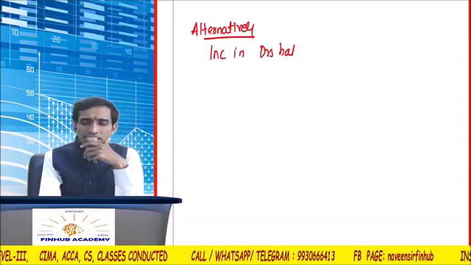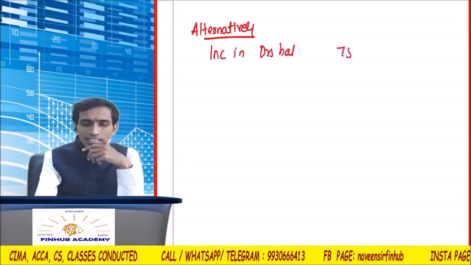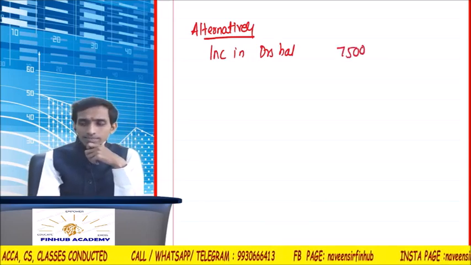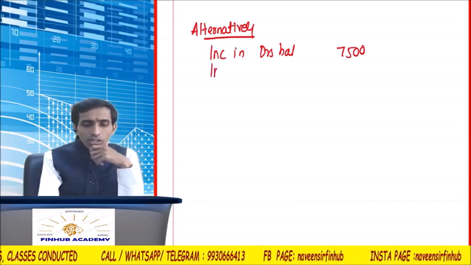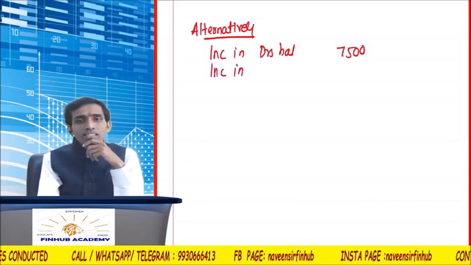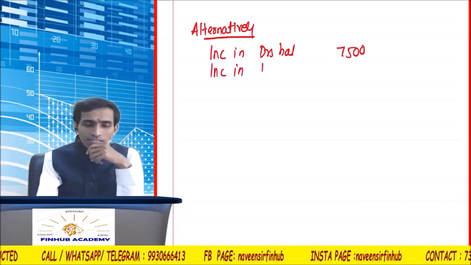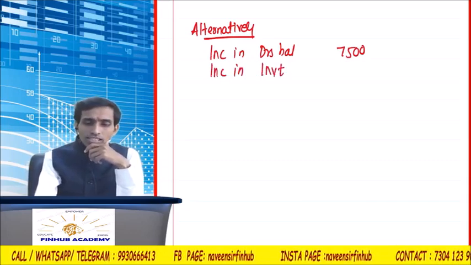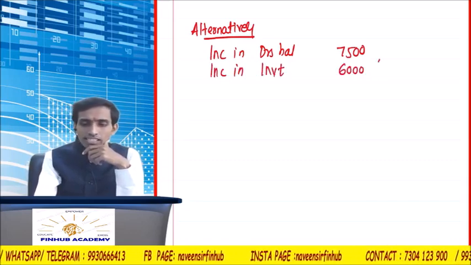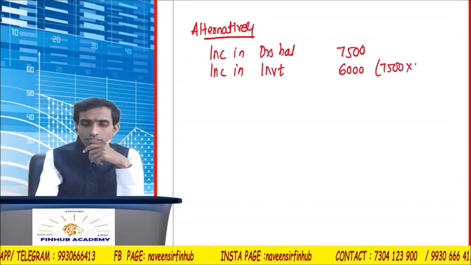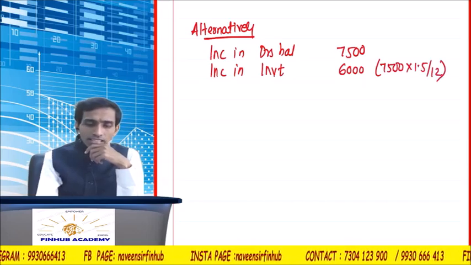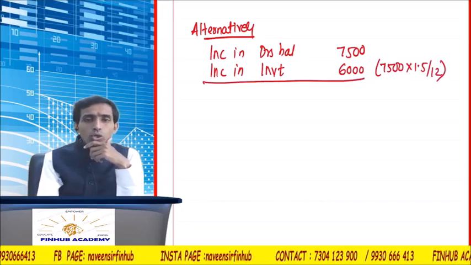How much? 7,500, that is what we calculated. Then what did we calculate after debtors balance? Increase in investment. How much? 6,000. That is 7,500 into 1.5 by 12. Correct?